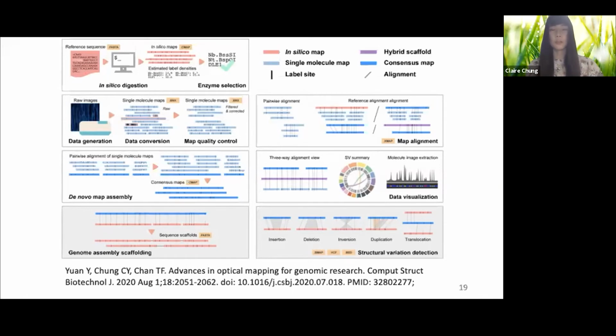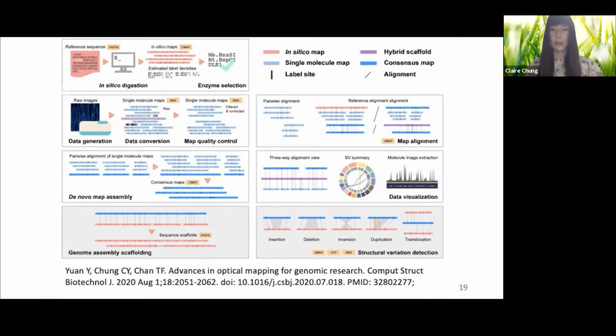Instead of strings containing characters, they are numerical values that show the distances between the fluorescence labels. And these longer maps are useful in both trans-scaffolding sequences as well as detecting large SVs.